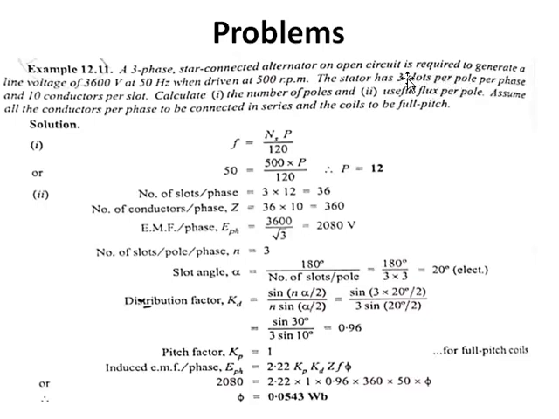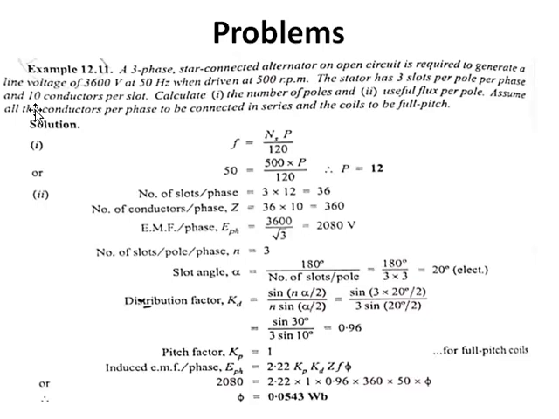If you multiply this 3 with the number of poles, that is 3 into 12, we get the number of slots per phase as 36.